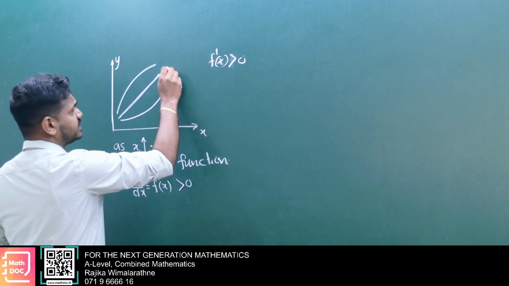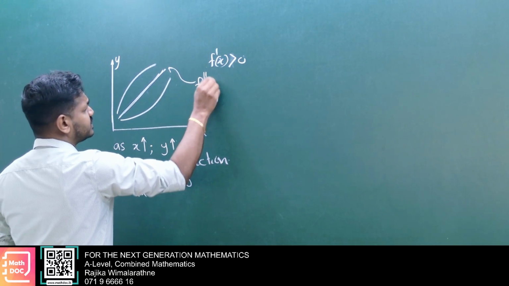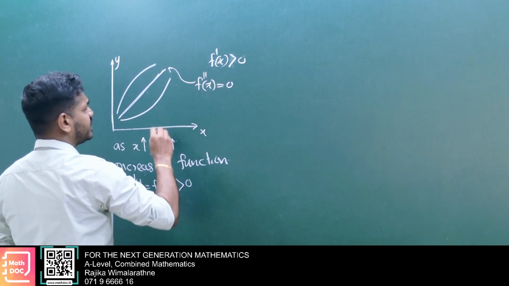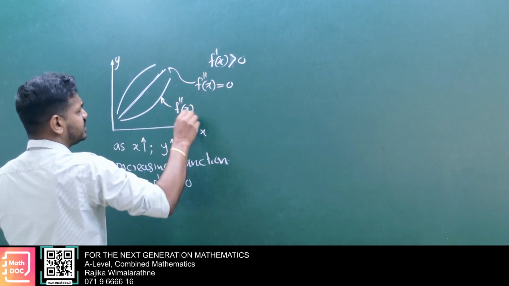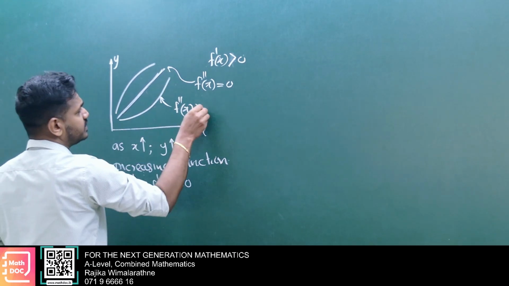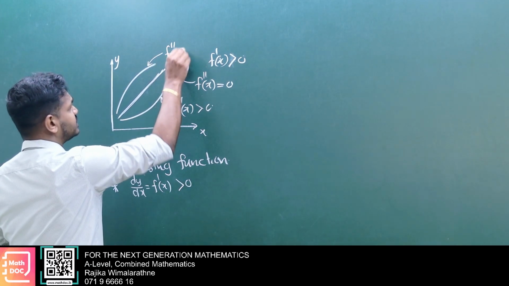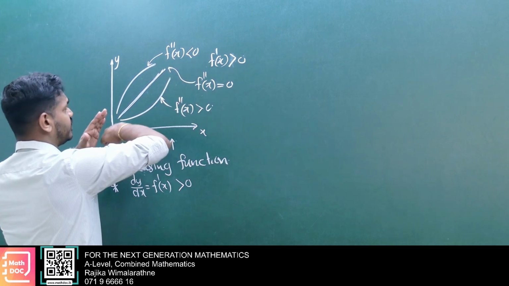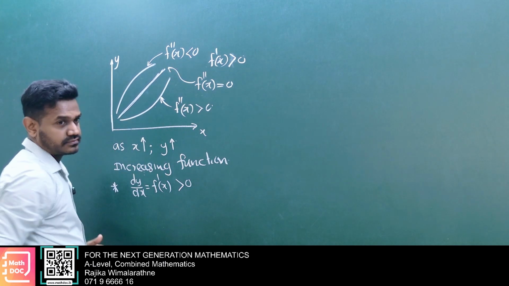And for this case, f double dash x is 0. For this case we call it concave up, f double dash x positive, and for this case f double dash x negative, we call it concave down. Here concave up, here concave down.